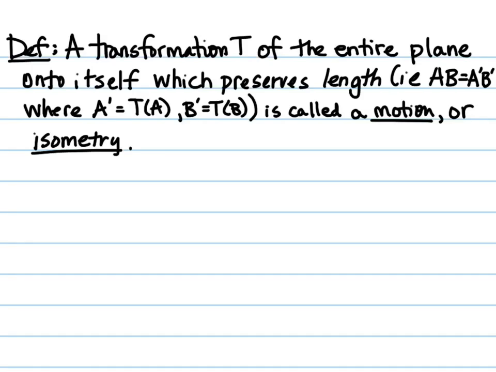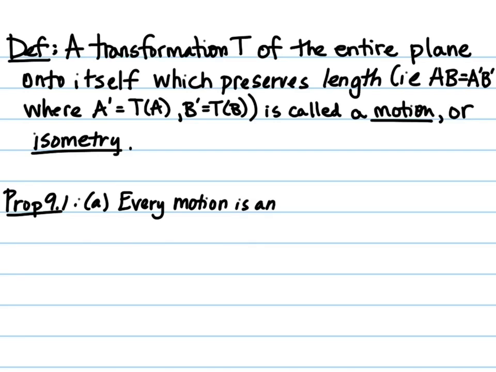Okay, we're going to do a few proofs. Maybe just one. A few propositions, but one proof. So to start with, Proposition 9.1, part A: every motion, or every isometry, is an automorphism.